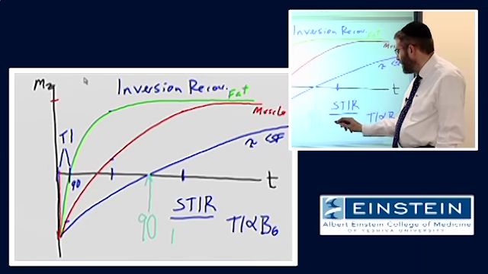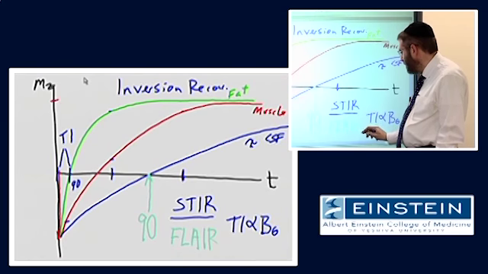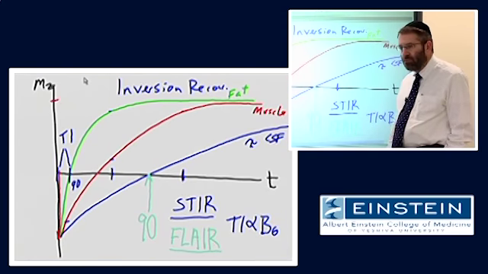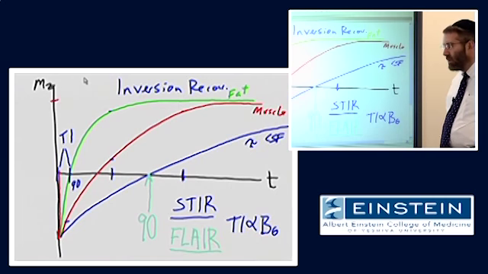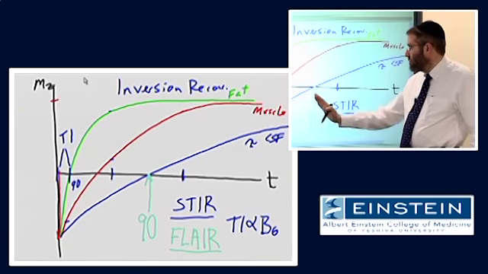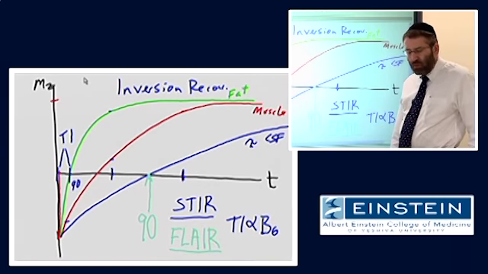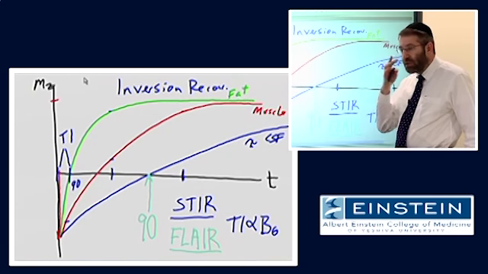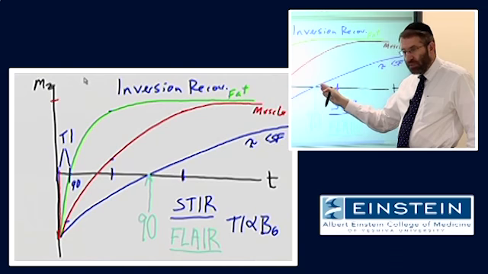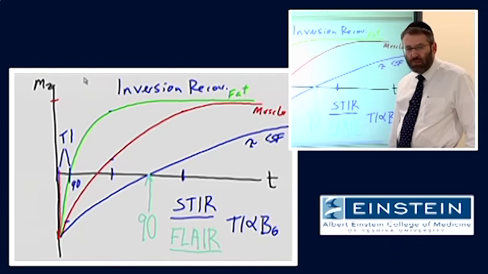Right? And you guys know that as a FLAIR, or fluid-attenuated inversion recovery image. If there's some tissue whose signal you want to suppress, that you don't want to see in your image, you can choose an inversion recovery pulse sequence with the appropriate TI to suppress that signal.